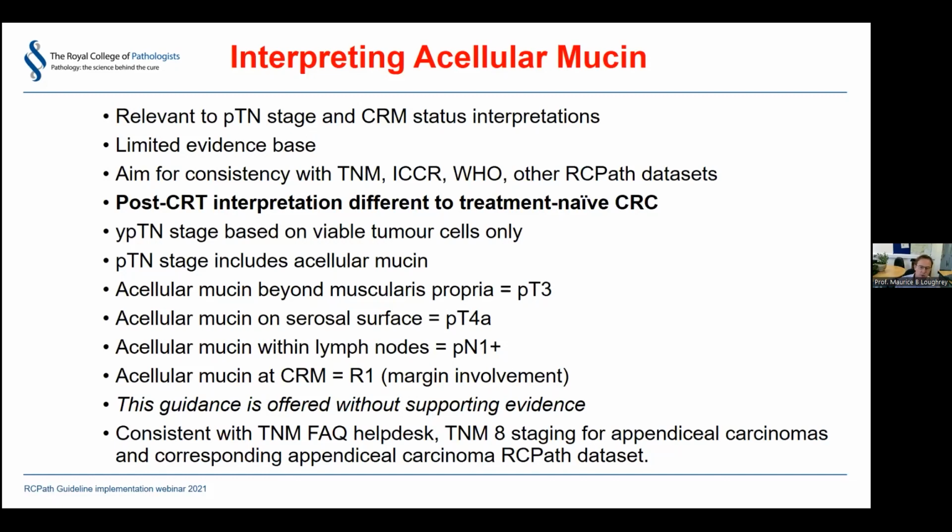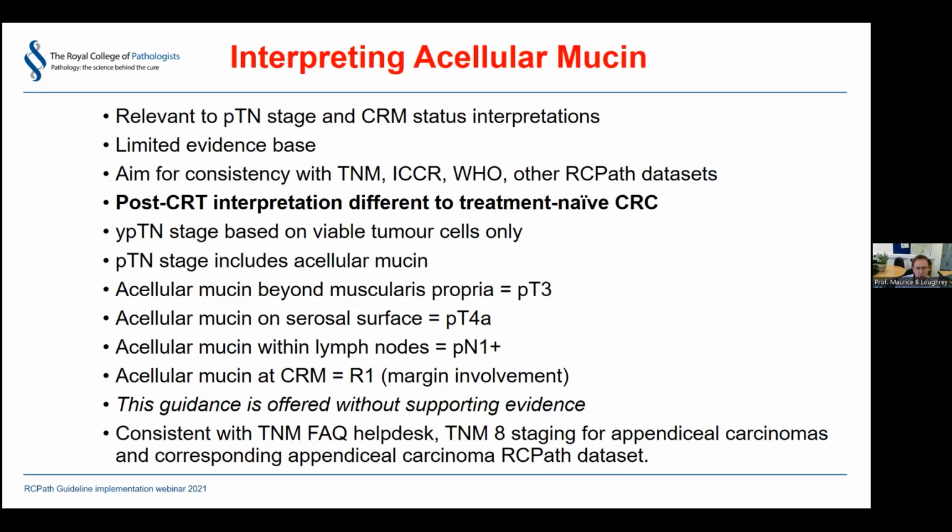How do we evaluate acellular mucin in terms of T-stage, N-stage, margin status? So there's a very limited evidence base around this, because there just aren't that many cases where, if you don't look hard enough, you can't find cellular mucin, but you do occasionally find only acellular mucin at a margin, or only acellular mucin beyond muscularis propria, or very, very rarely only acellular mucin within lymph nodes.